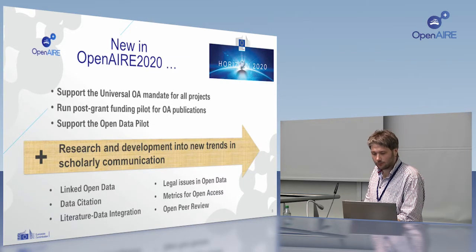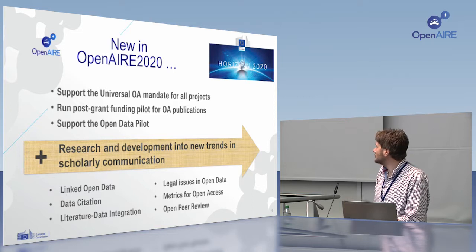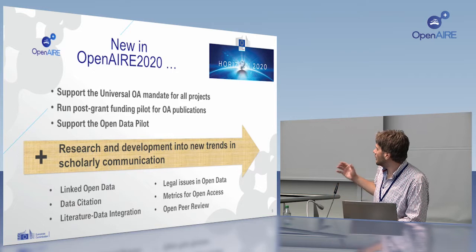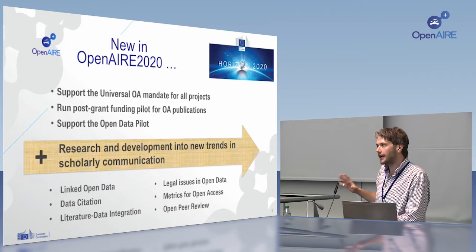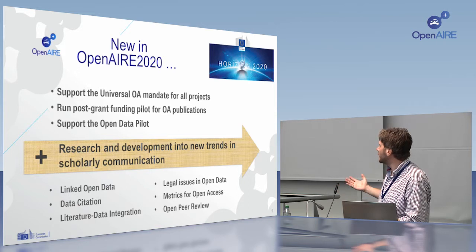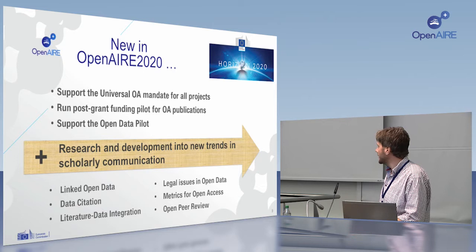With OpenAIRE 2020, we've broadened our remit, like I said, into open science. So, for example, our information is all openly available via API, but we're also making it available now by linked open data. That service is already in beta.